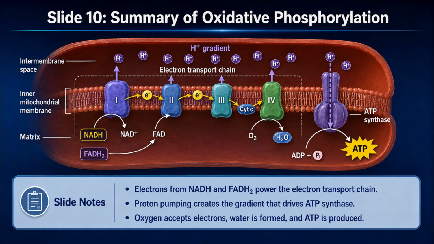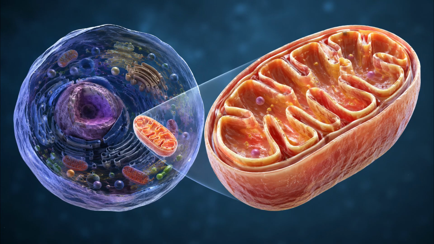ATP synthase uses this flow to convert ADP and inorganic phosphate into ATP. Finally, oxygen accepts the electrons and combines with protons to form water. Through this coordinated process, mitochondria convert energy from nutrients into the ATP that powers cellular life.